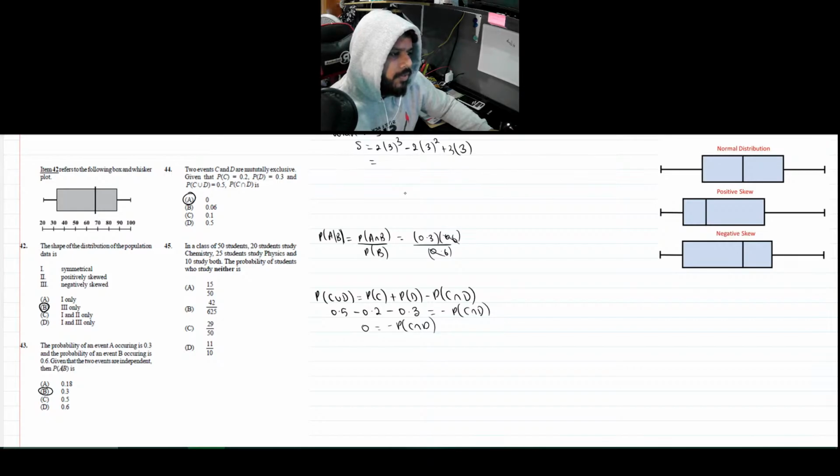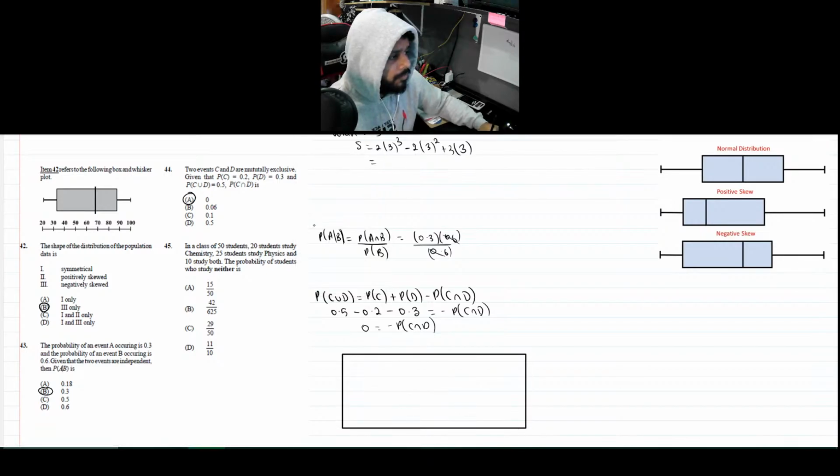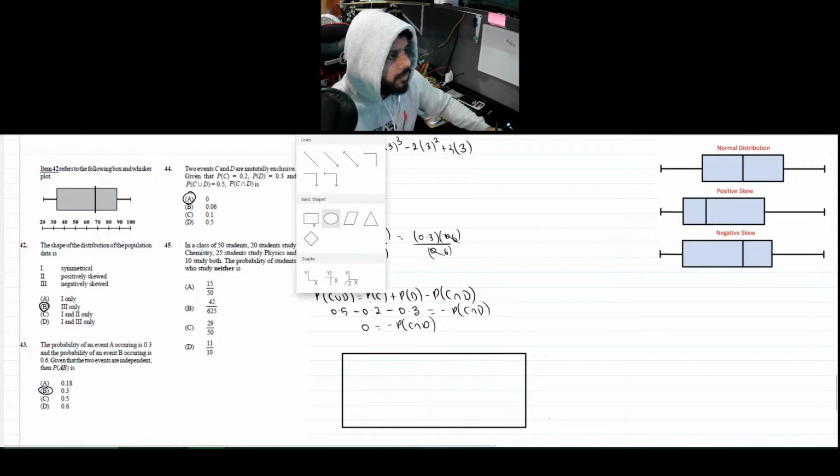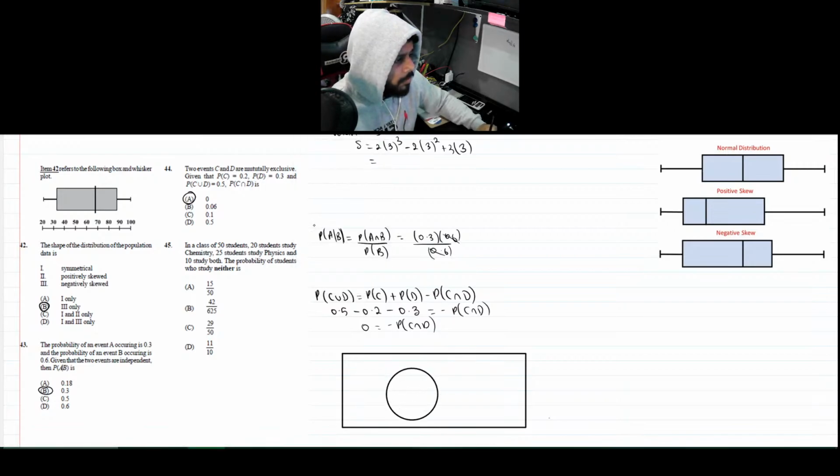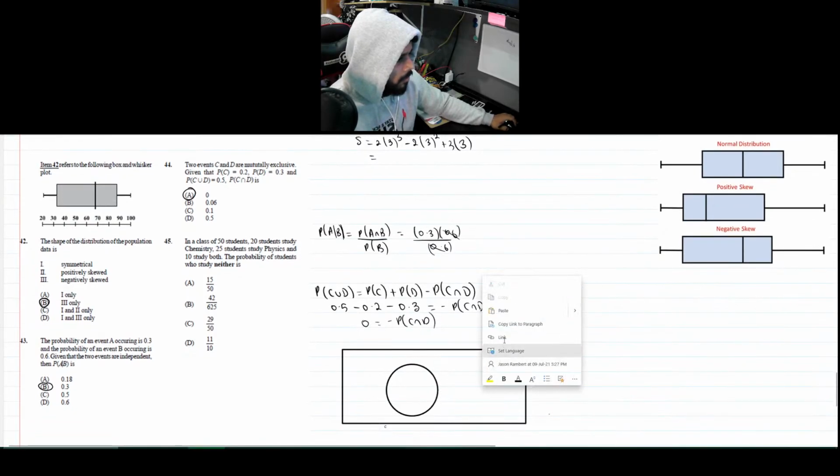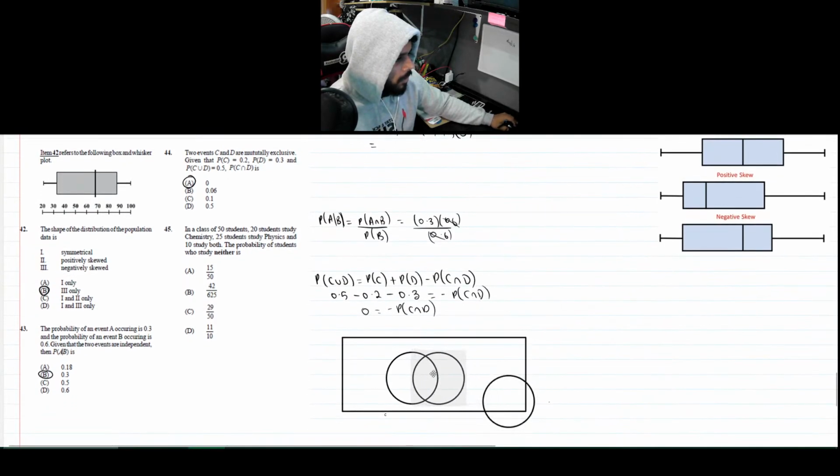In a class of 50 students, 20 students study Chem, 25 students study Physics. It is a Venn diagram here. Draw two shapes. Copy that one there. Intersect them there.